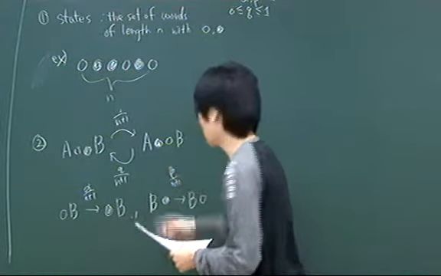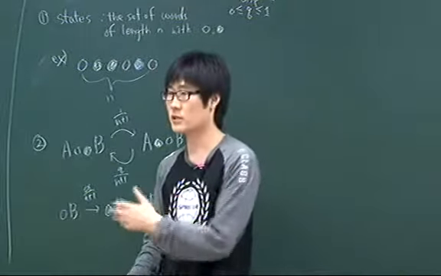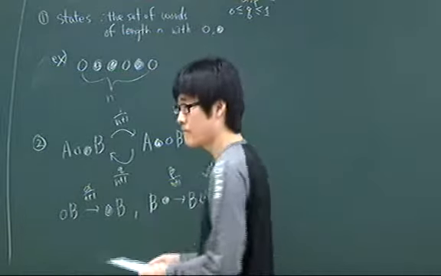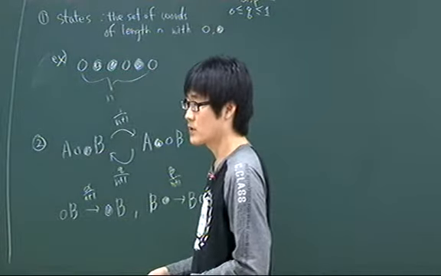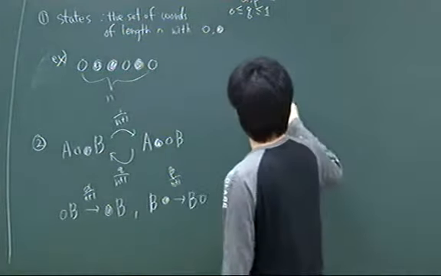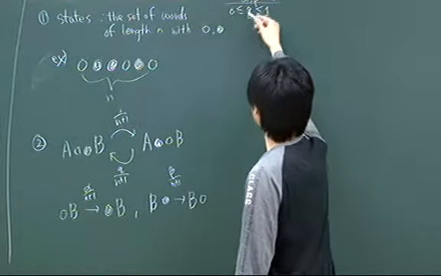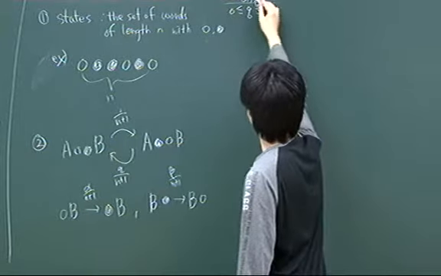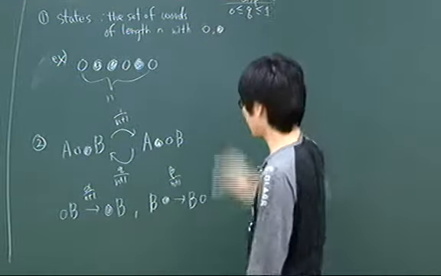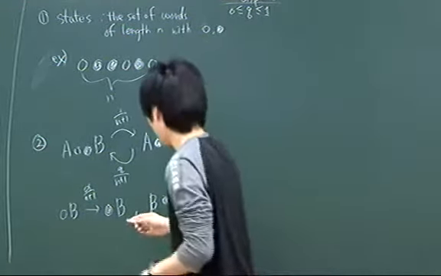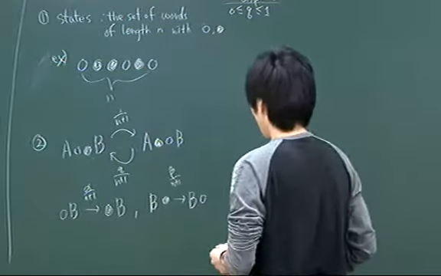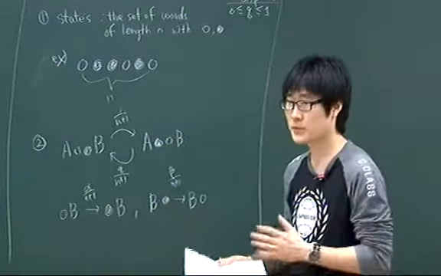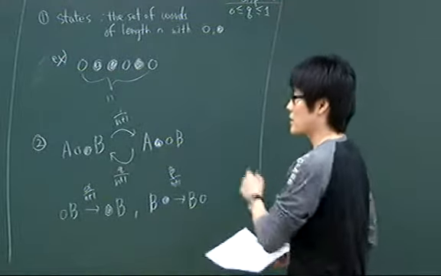So it's basically particles moving with certain probabilities. Alpha, beta are real numbers between 0 and 1.